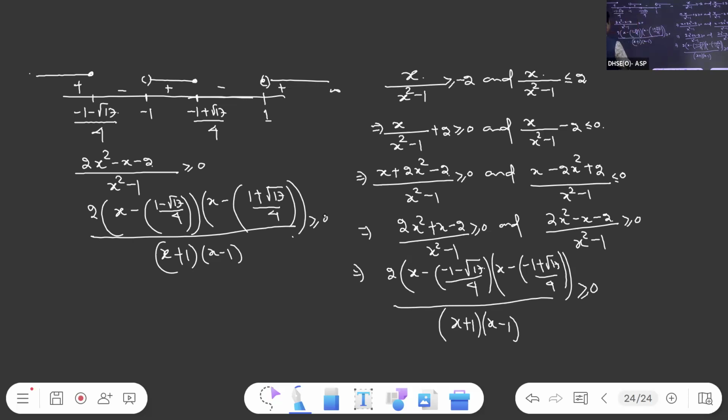Right? The critical points are minus 1, 1 minus root 17 upon 4, then 1 plus root 17 by 4, 1. Sign scheme plus minus plus, positive region.